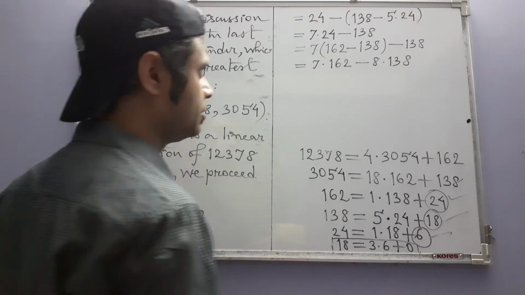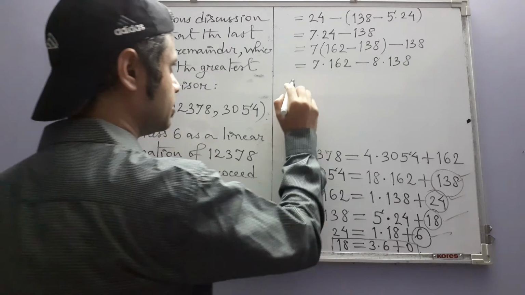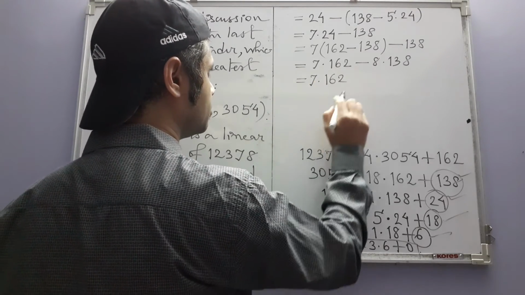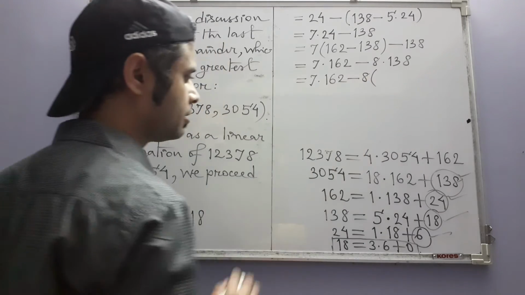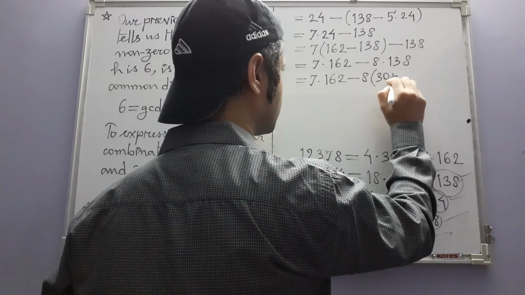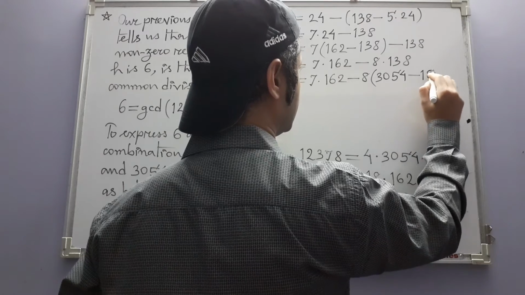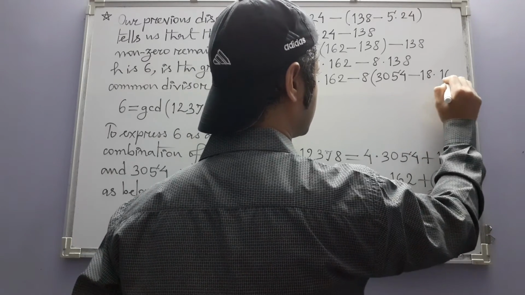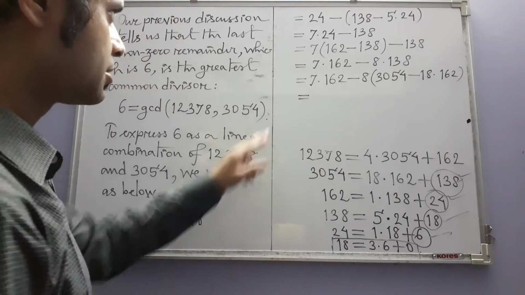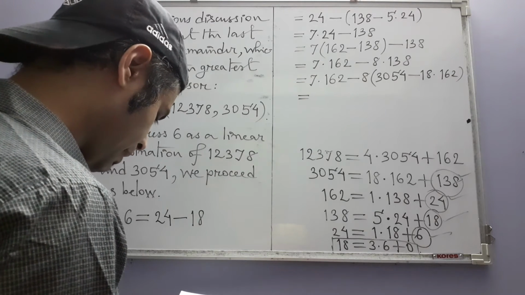Okay. Next we substitute for 138. 7 times 162 minus 8 times 3054 minus 18 times 162, and this calculation is big. 7 plus 8 times 18, which of course we can do by hand, but why?